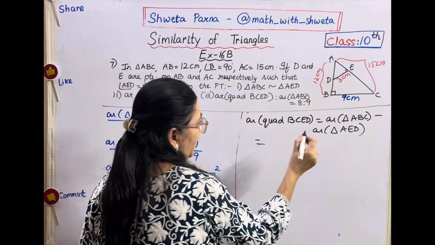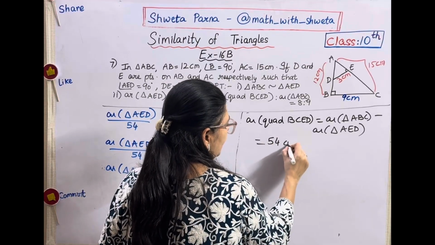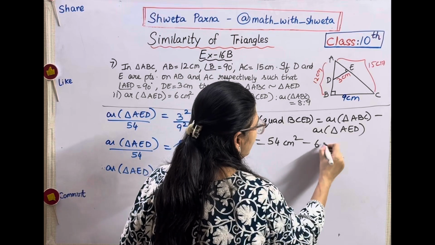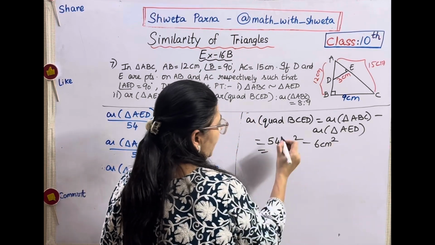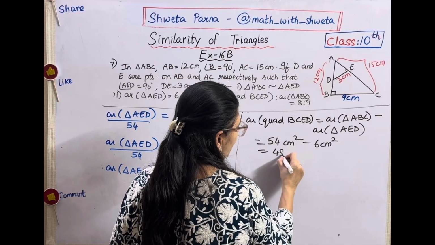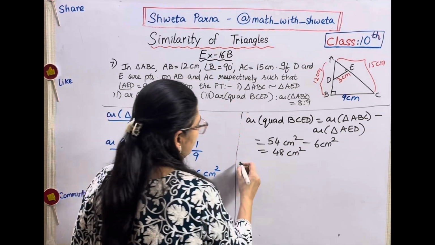Correct? Now area of triangle ABC you've already got as 54 centimeter square and area of AED we have already proved it is 6 centimeter square. So area of quadrilateral is 54 minus 6. What is 54 minus 6? 48 centimeter square.